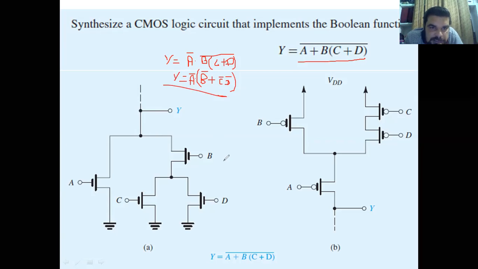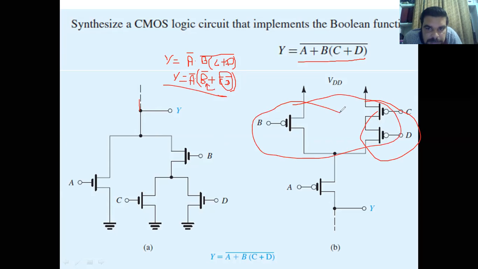So how will we design the pull-up network? Above the pull-down network, first use two PMOS having inputs C and D in series. So these are connected in series, and B is connected in parallel to this combination, and to this whole combination, a PMOS having input A is connected in series.